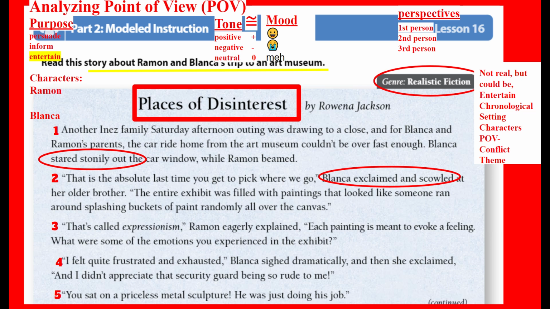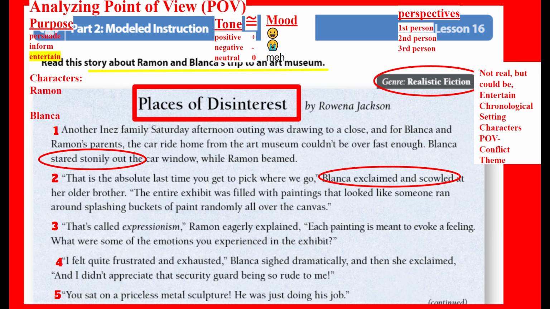So in paragraph 2, Blanca says, "That is the absolute last time you get to pick where we go," she exclaimed and scowled at her older brother. So, we know she was not very pleased about the destination her brother chose for her family to go to, right? And she exclaims that, so that means she kind of puts it out there. She's exclaiming, and she's also scowling.